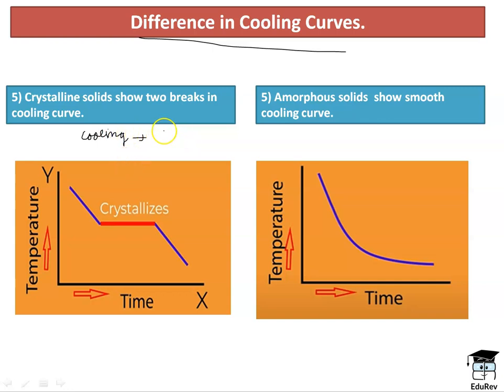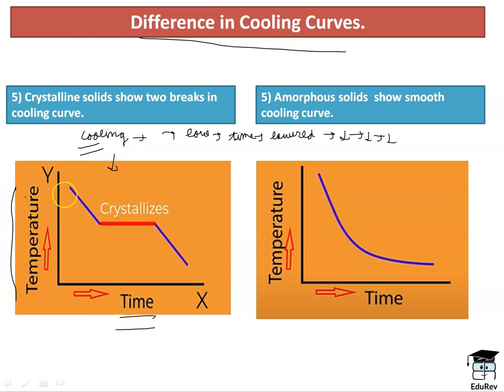Cooling in general terms means that when a substance is given a very low temperature, and then with respect to time the temperature is lowered and further lowered and further lowered. Cooling is simply this, providing low temperature with respect to time. And what is a cooling curve?